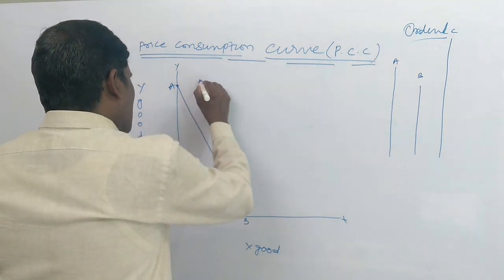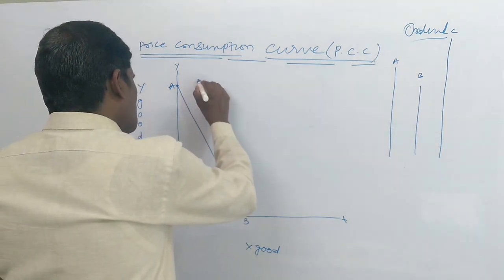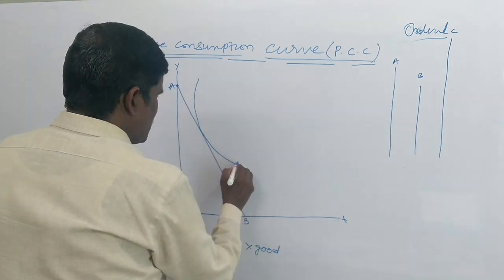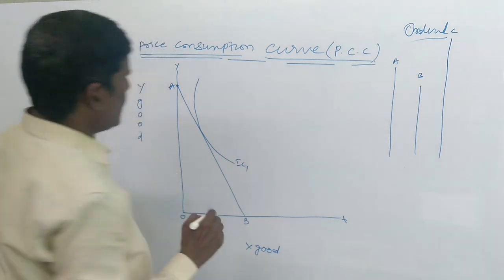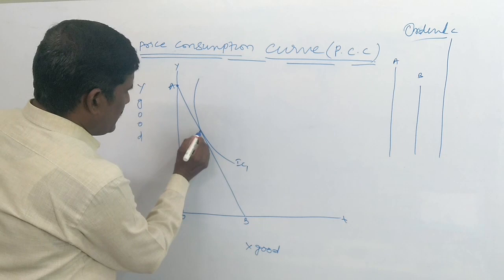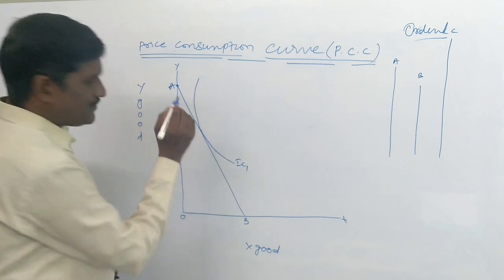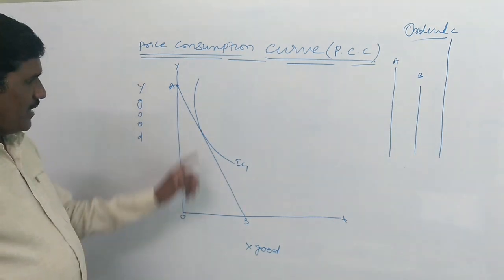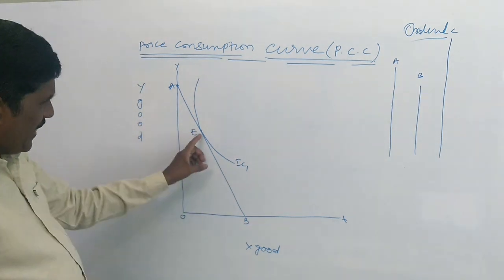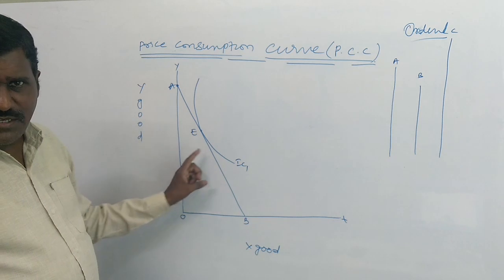At the AB income, the consumer wants to purchase. This is an indifference curve, IC1. Here is the equilibrium position, at point E. Why is there equilibrium at point E?